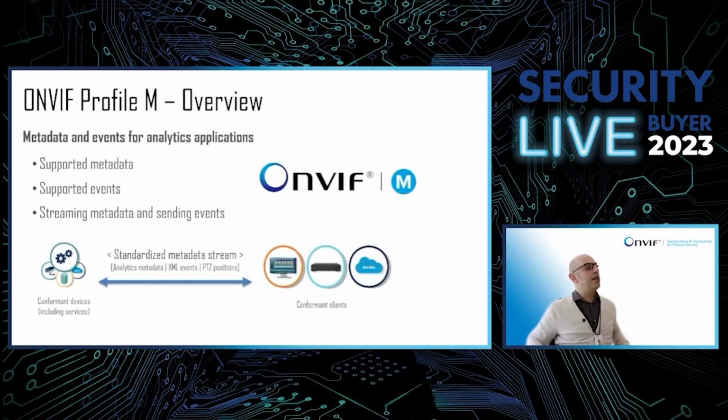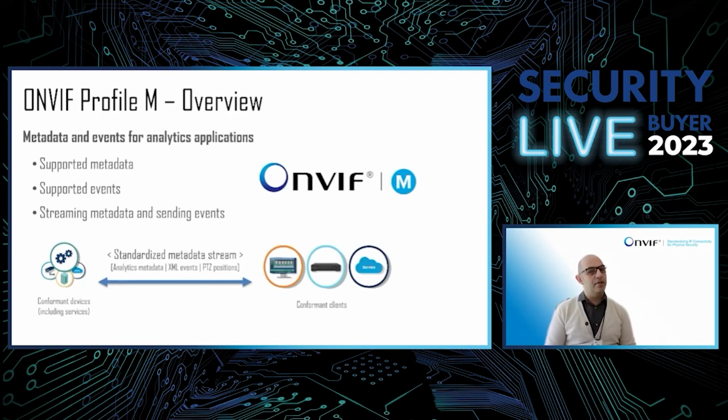Profile M specifies metadata and events for analytics applications. So the content of Profile M is what type of metadata is supported, how events are supported, and how the streaming of metadata and events is supported.